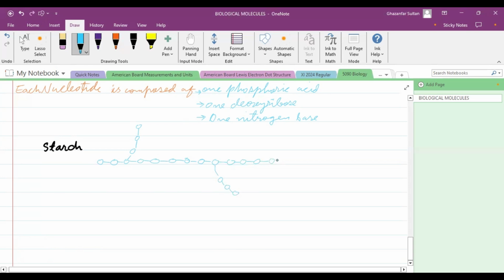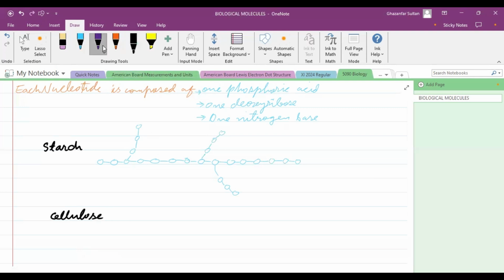And you can see that branches are very far. And then cellulose.